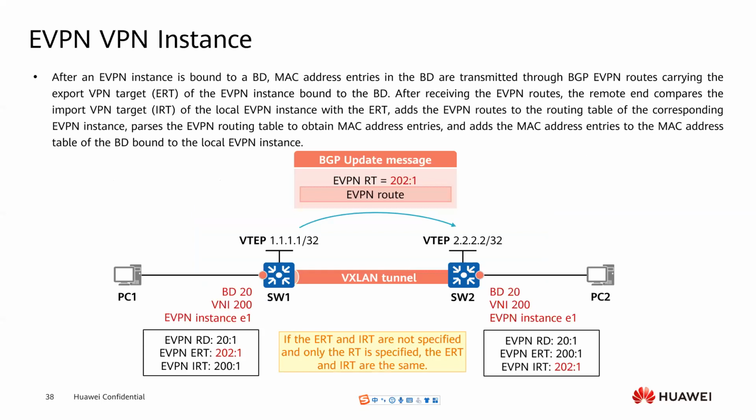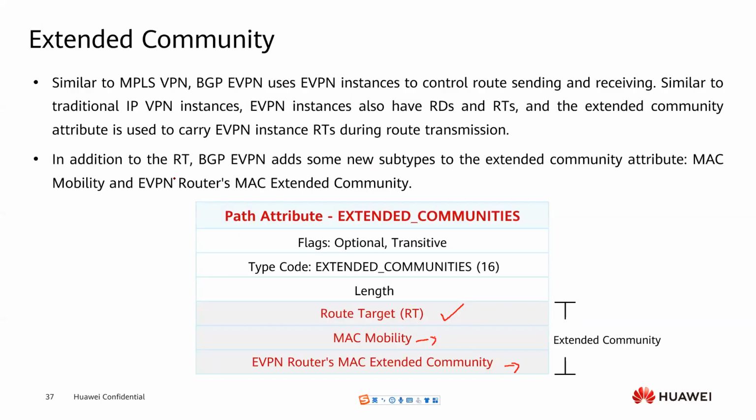Now maybe we will introduce some new concepts, and these concepts may sound weird and make you feel confused, but we need to try to understand them, and this is very important for understanding how BGP EVPN functions as the control plane for VXLAN.